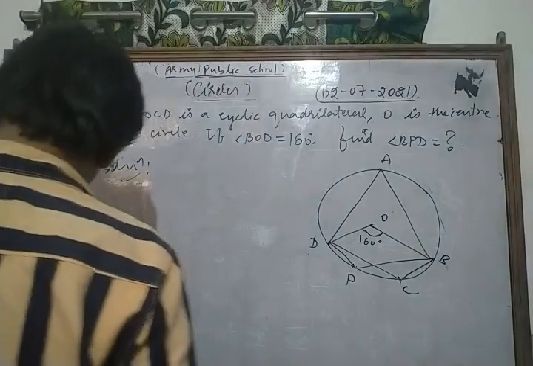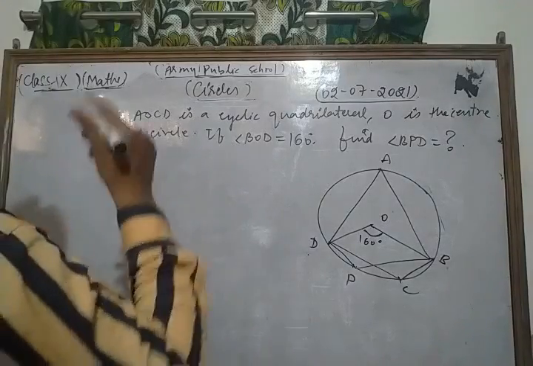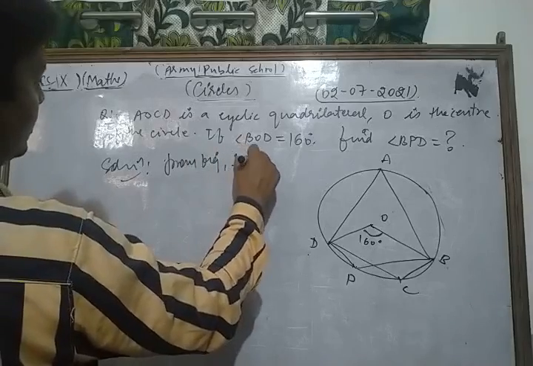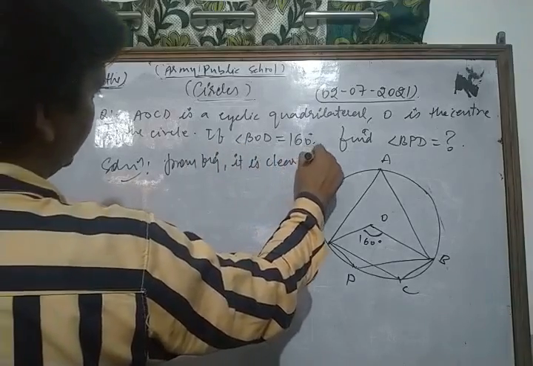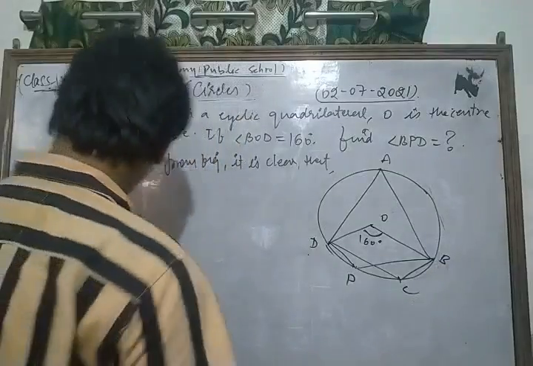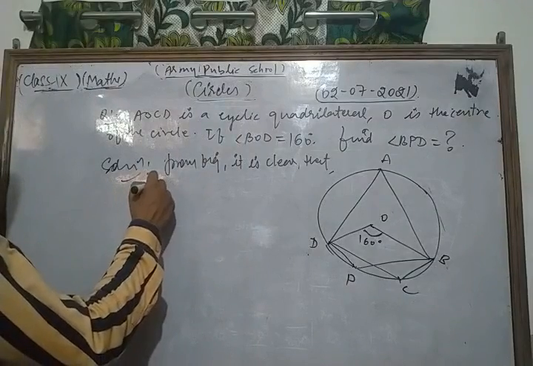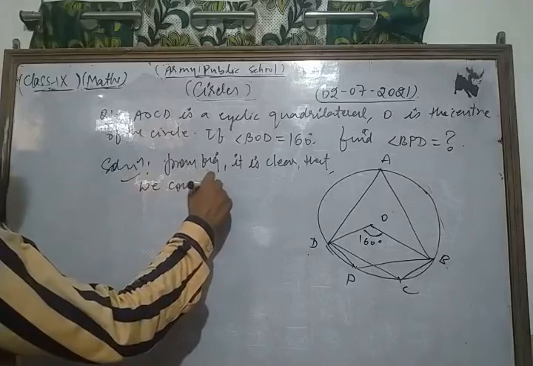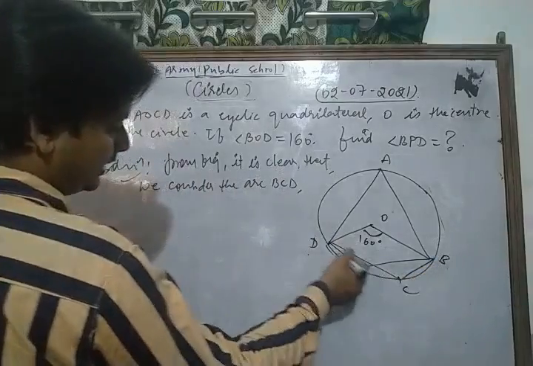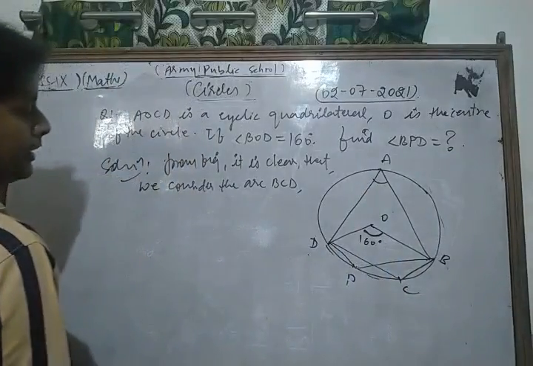From the figure it is clear that, if we consider the arc BCD, then the angle subtended by an arc at the center is 2 times the angle subtended by it at any remaining part of the circle.